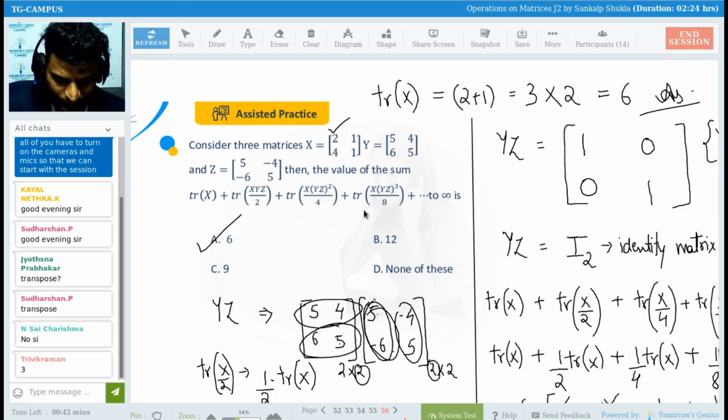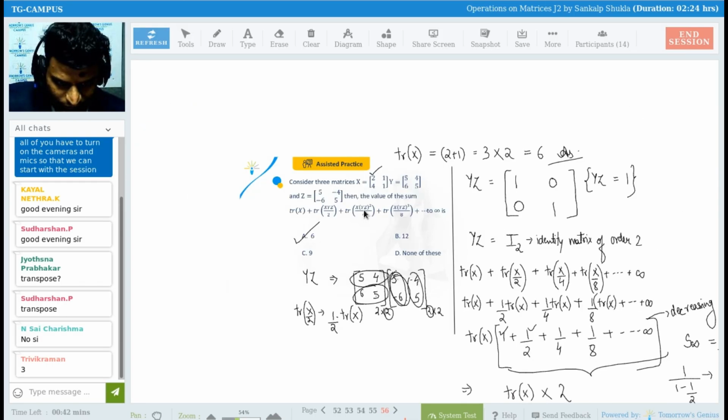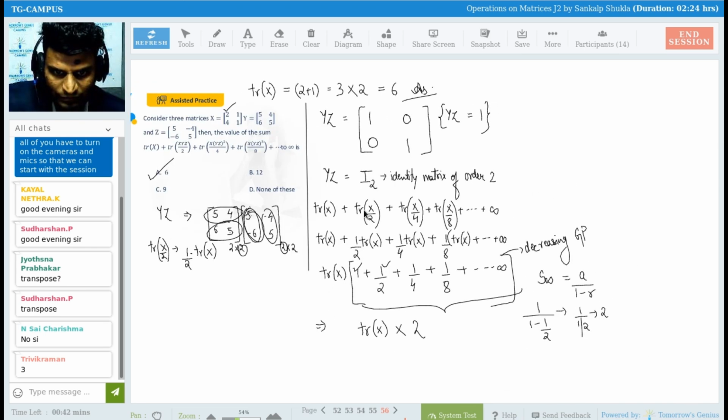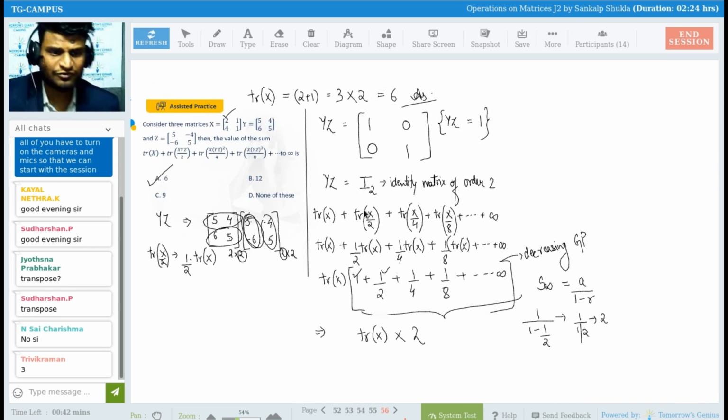So I'll put that in a proper placement, and then you can copy the whole question. Is it visible, students? This much is visible to you, or should I enlarge it? If it is visible, just give me a thumbs up. Okay, fine. So note it down quickly, and then we'll be doing some other questions.